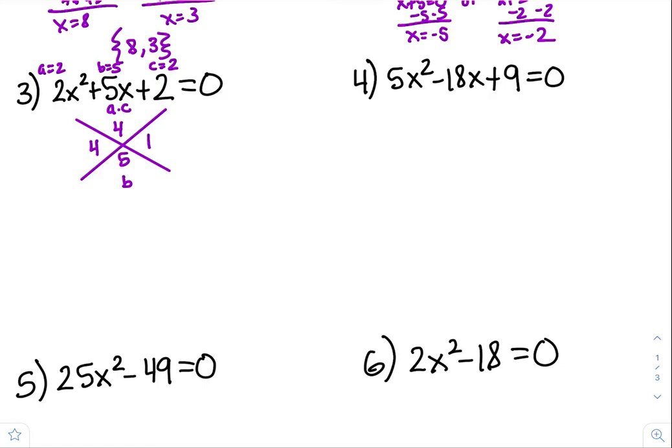Now, since a is not 1, that means we have to factor using the group method. So 2x squared plus 4x plus 1x plus 2. Notice that is a combination of that. And then, remember, you group them.